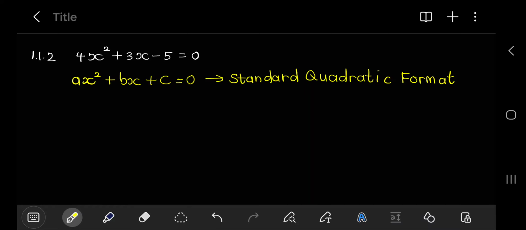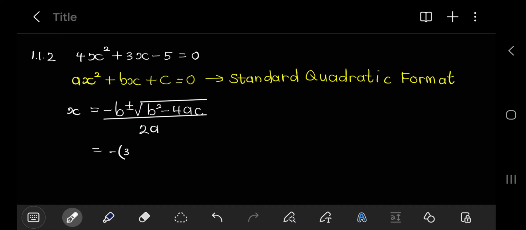So we notice that the equation is in that format, which means that we can go ahead and write down our quadratic formula and substitute in there. So substituting in here, our b value is 3. A is 4.